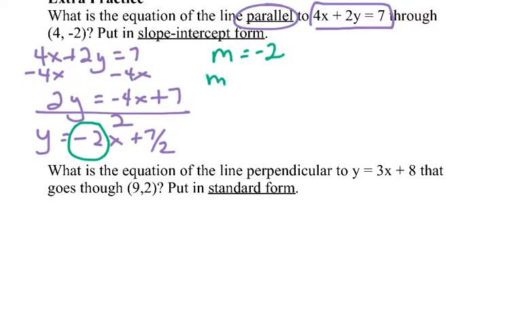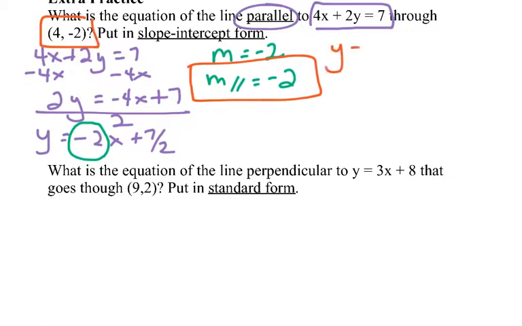And if we want a parallel line to that, it's going to have the same slope. So we want to use that slope, and we want it to go through that point. So we're going to start with point slope form. Y minus our y coordinate, -2, equals our slope, also -2, times x minus our x coordinate of 4.